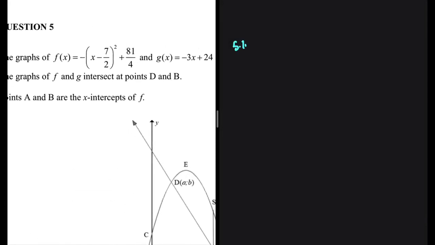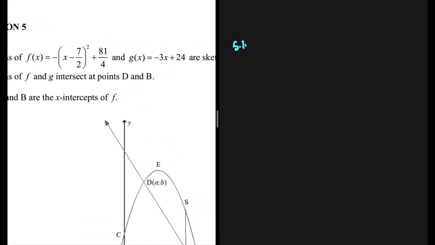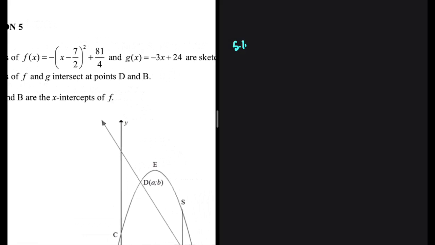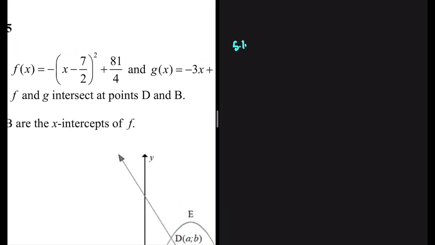Write down the coordinates of E, the turning point of f. So we're given our equation f of x. Let's look at E. E is the turning point of our function. When our equation is written in this format, this will be the x value of the turning point, and this will be the y value of the turning point.